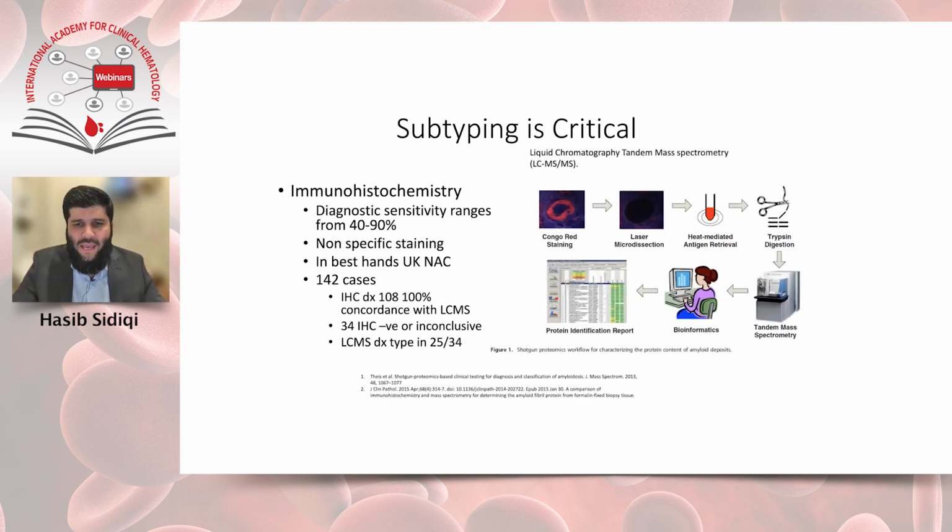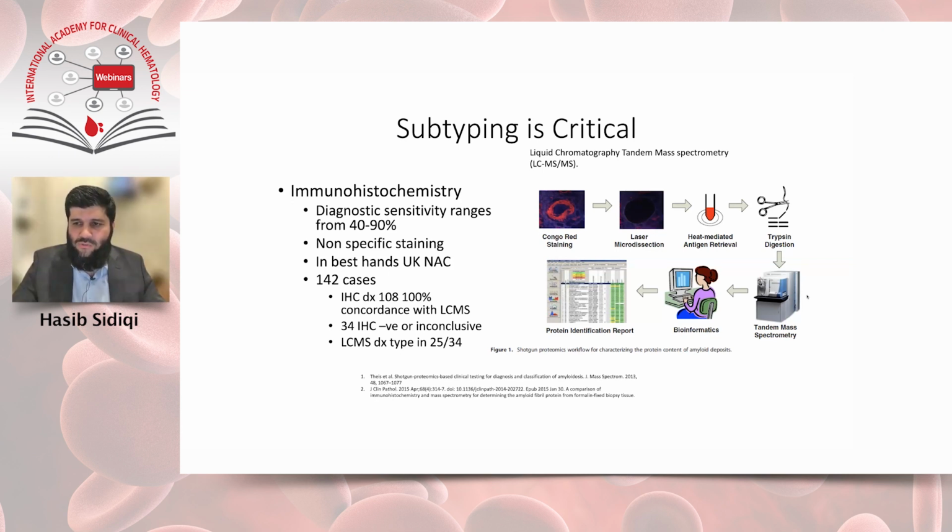And this really has become a standard subtyping technique for patients with amyloidosis. It starts by identifying those Congo red positive amyloid deposits. So we still need that tissue sample to identify the amyloid. There is a laser microdissection step involving removal of those Congo red stained areas.